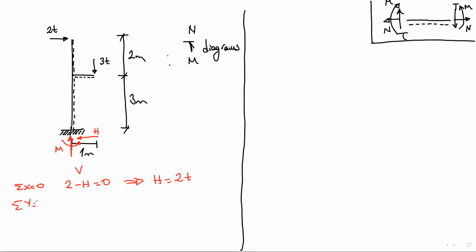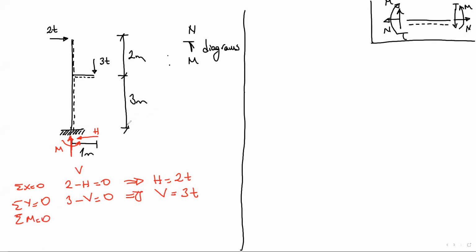Total y in the vertical direction: 3 minus v equals 0.